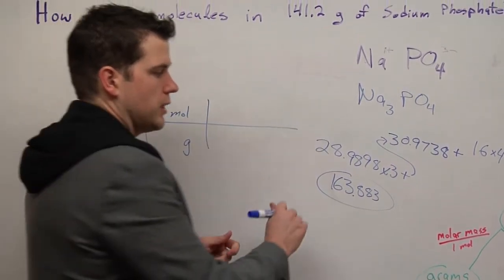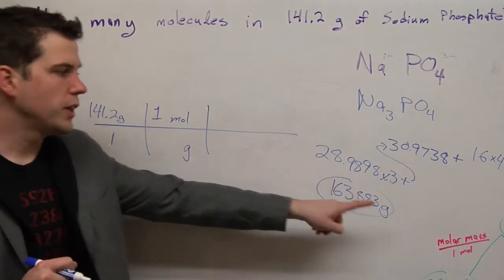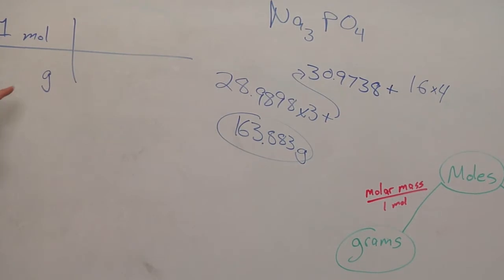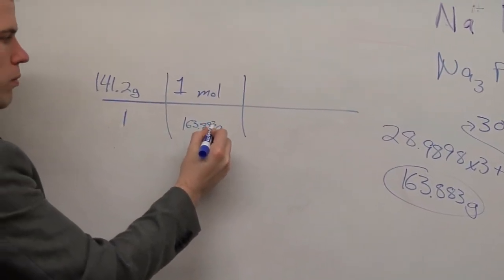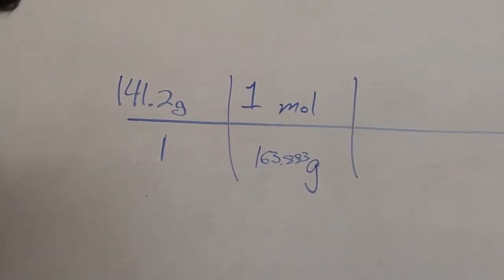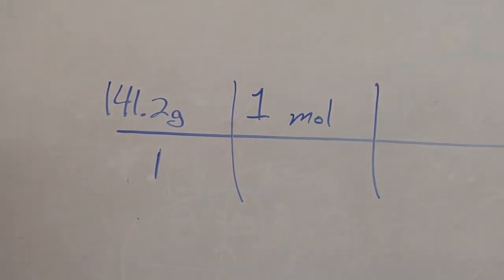From here, this is still grams, and that's the molar mass that is this password. So that goes here. 163.883. And I'm going to let you edit this because that was messy writing.